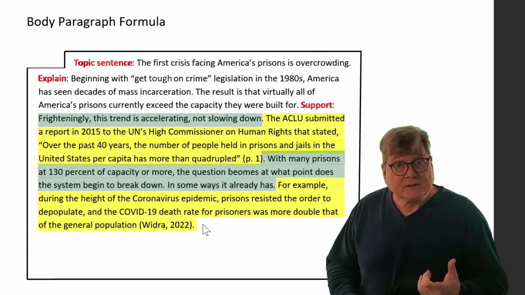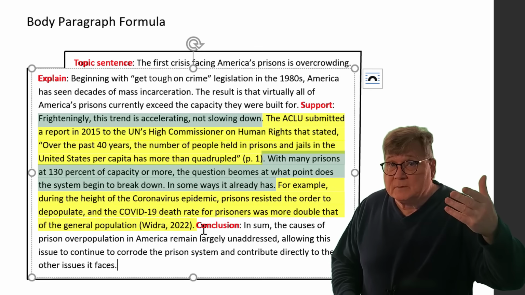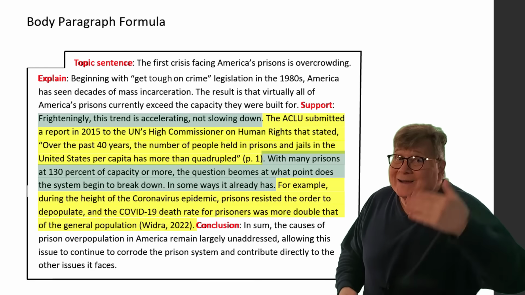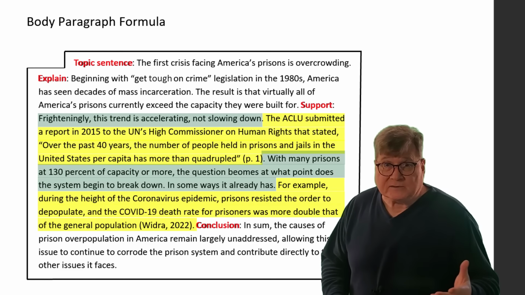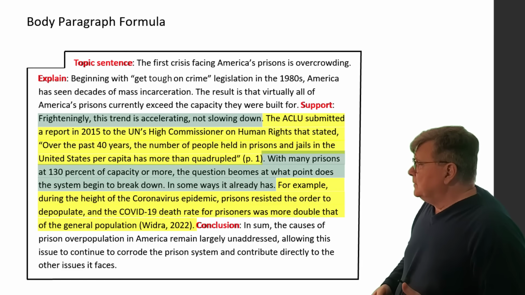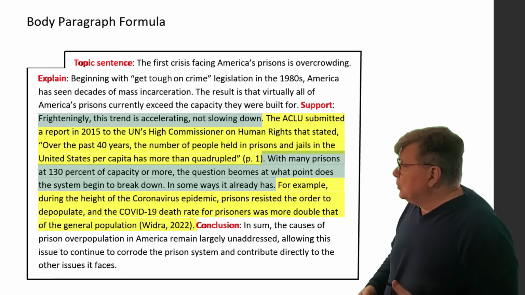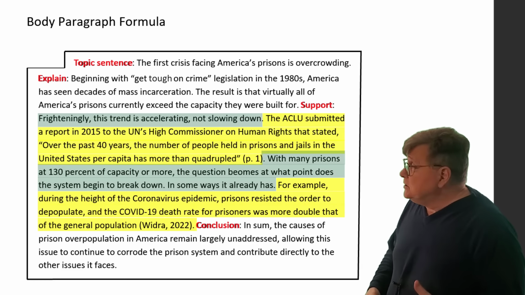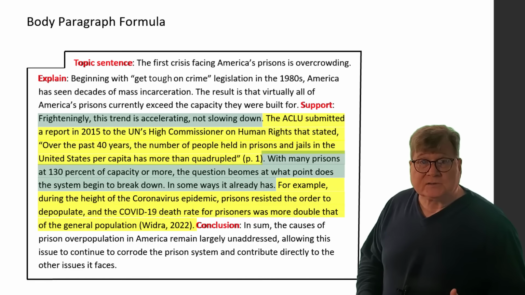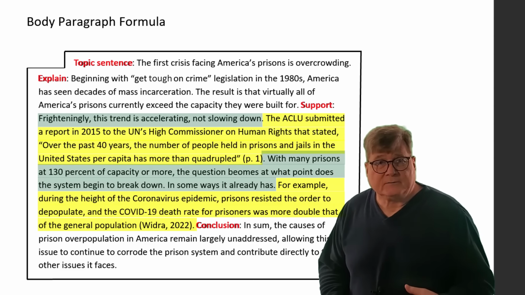In the conclusion sentence, that's 1 to 2 sentences, you summarize the evidence you've given, and you also want to refer back to the topic sentence. So you could write something like this. In sum, the causes of prison overpopulation in America remain largely unaddressed, allowing this issue to continue to corrode the prison system and contribute directly to the other issues it faces.